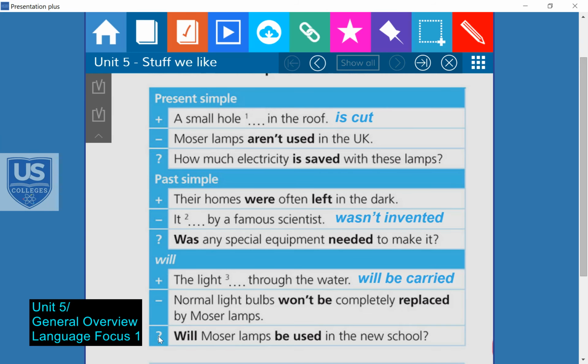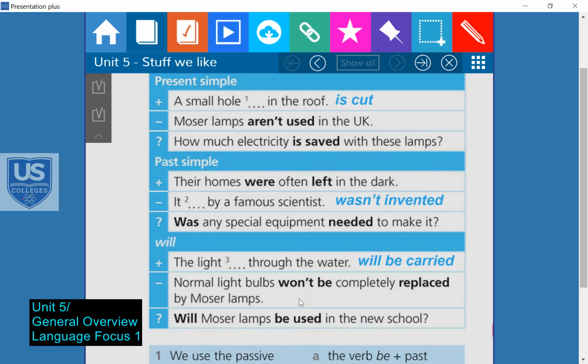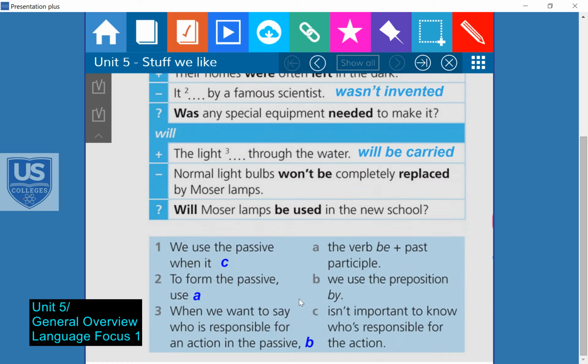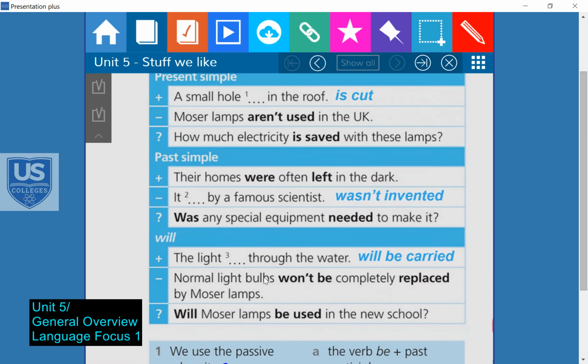Let's have a closer look at the uses of different tenses in passive. Here in this exercise, we are matching the rules from 1 to 3 with the sentences above.